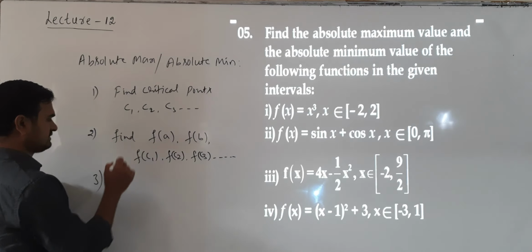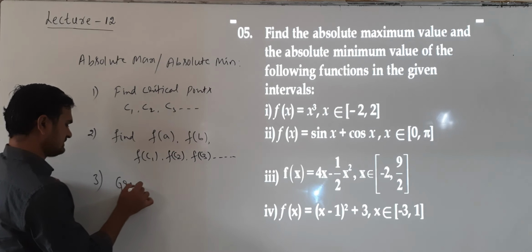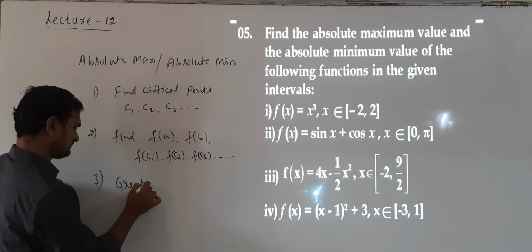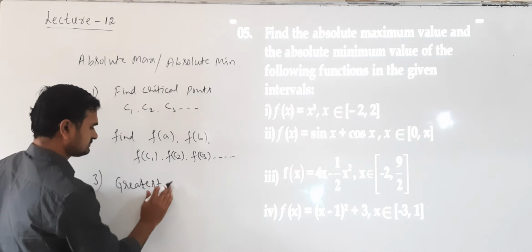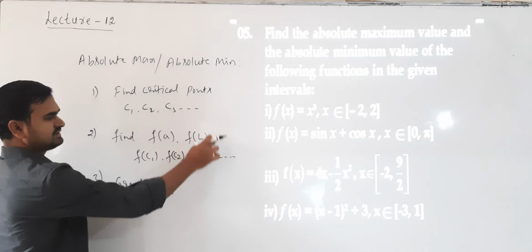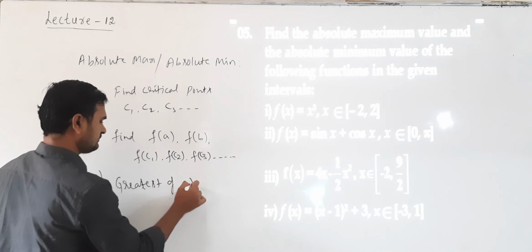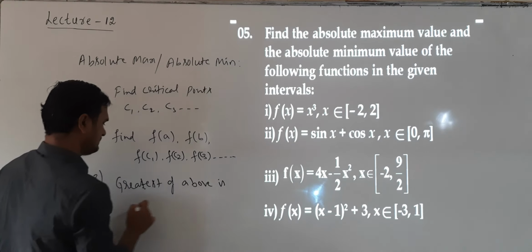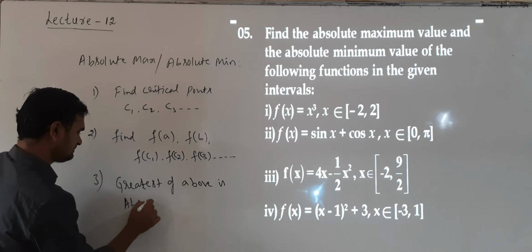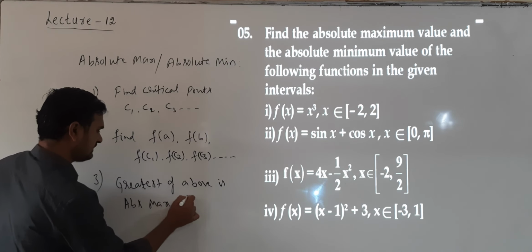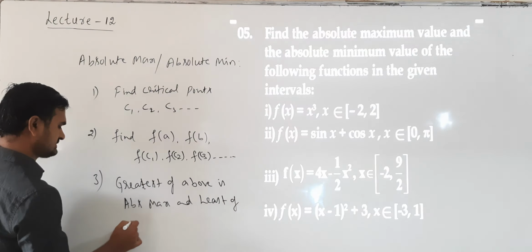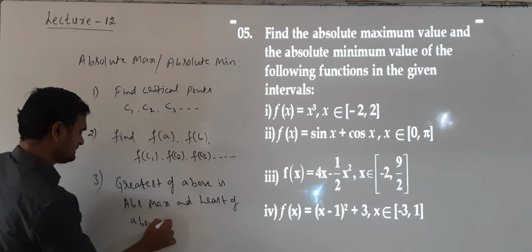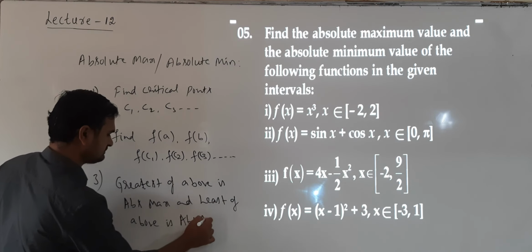Next, third step: the greatest of all these values is the absolute maximum, and the least of these values is the absolute minimum.